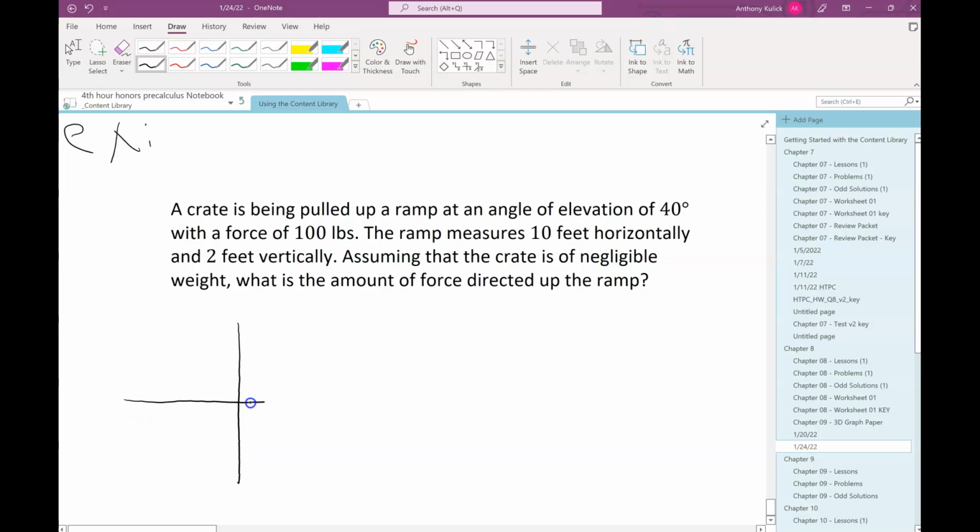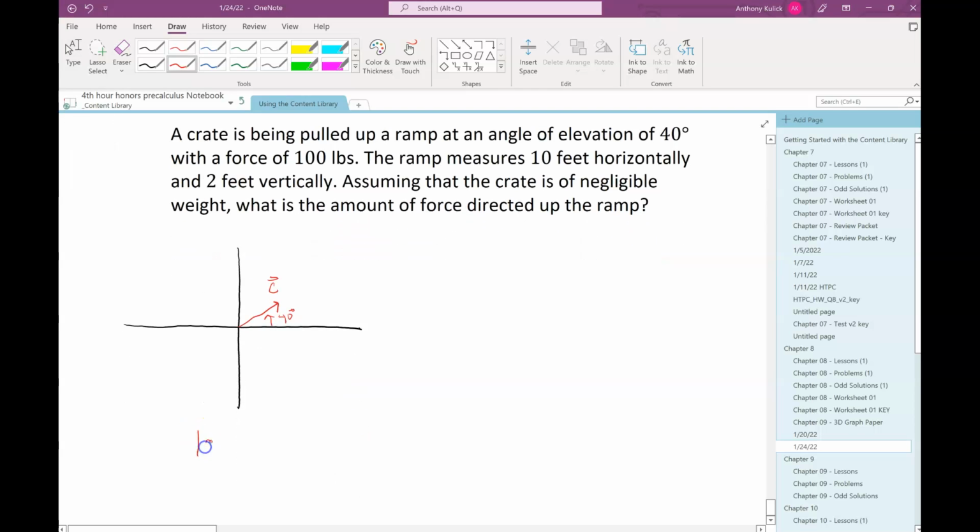Well, I'm going to, again, draw a picture here. So here's my crate vector that has a magnitude of 100, and the direction of that crate vector is 40 degrees. I don't have to adjust that, notice, because we're in the first quadrant.